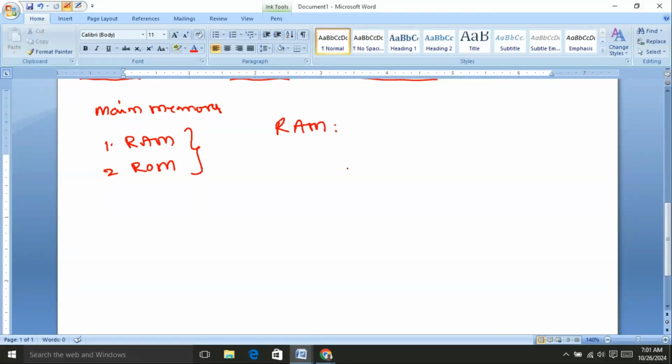The full form is random access memory. This is also known as the primary memory, the temporary memory, and the volatile memory. Why?